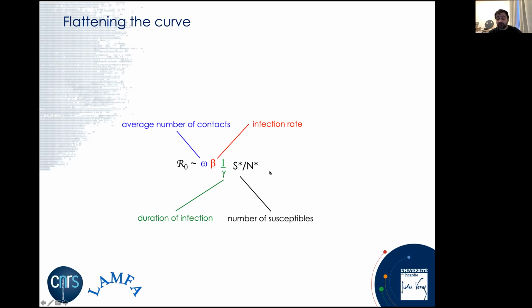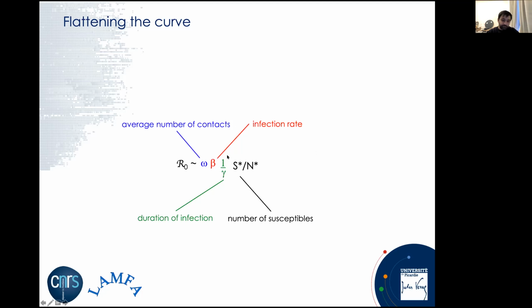If you want a decay of the disease, you have to put R0 less than 1. So you have to decrease one of these.